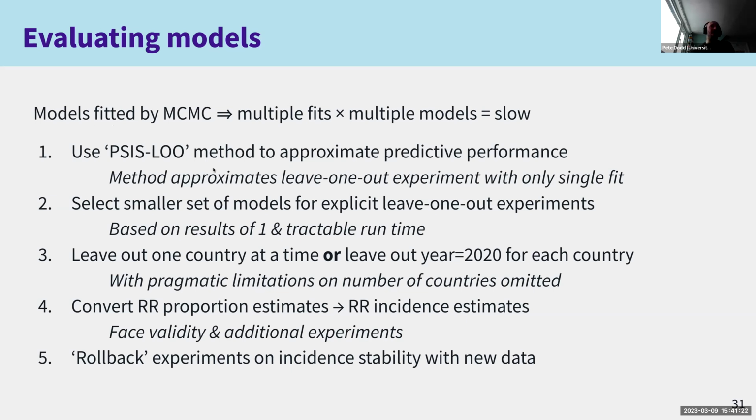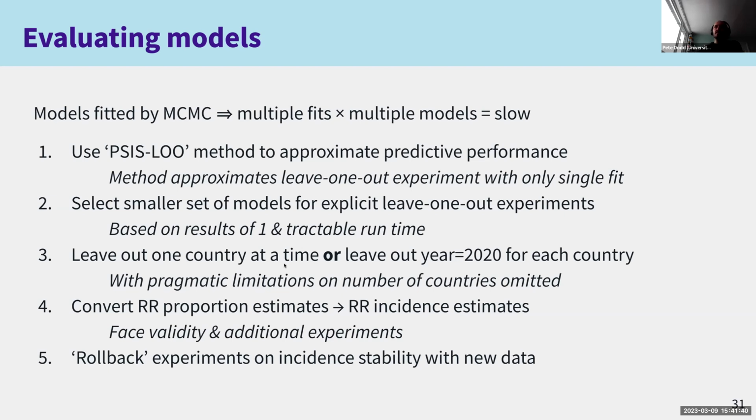So we did that first and used it to prioritize a smaller set of models for use in a true leave one out experiment, where we refitted the model, holding out some of the data, and then made comparisons with the data.